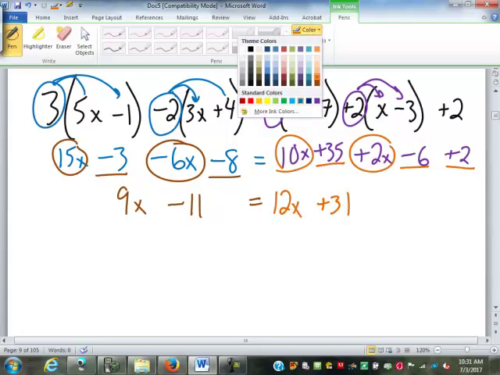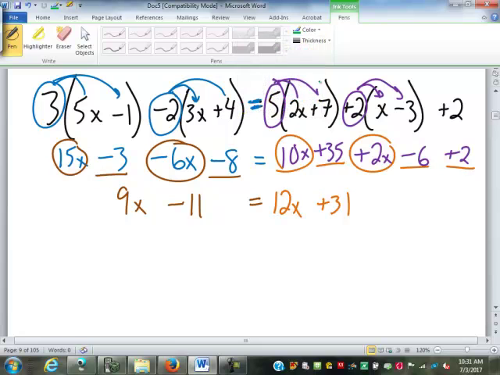And then we've got to get rid of one of the x's. There's an x on each side. Which one are we going to get rid of? The 9x. We subtract 9x. -11 equals.